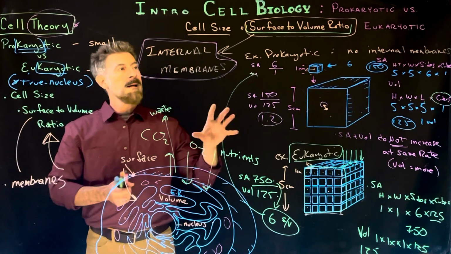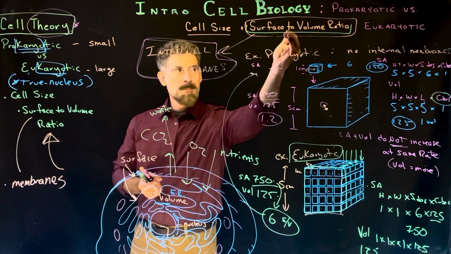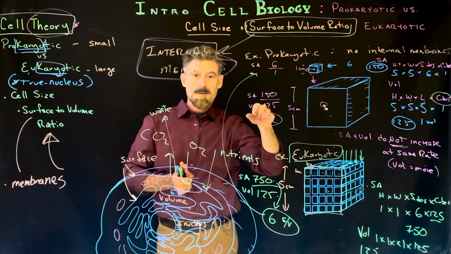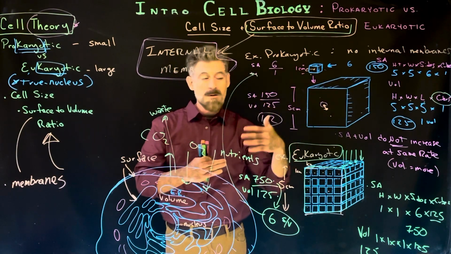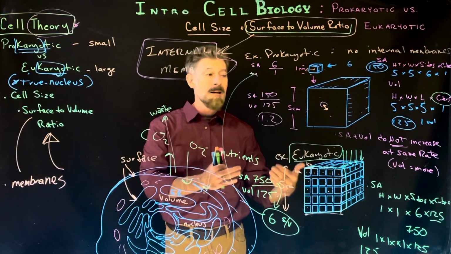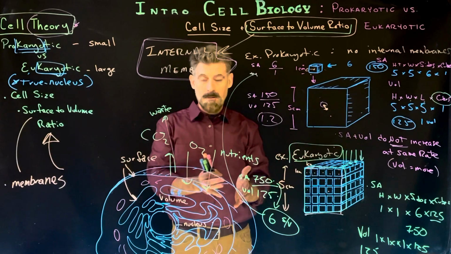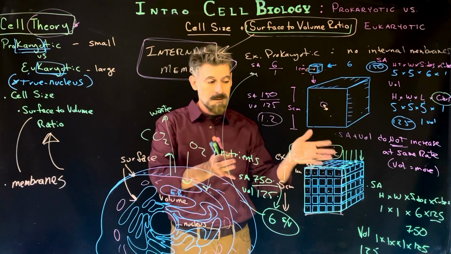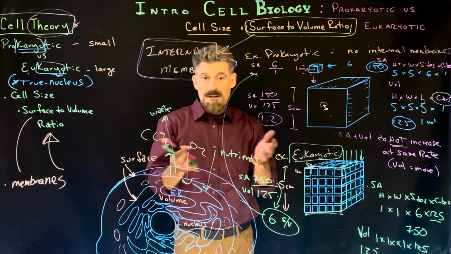So hopefully this gets you past this topic, the difference between pro- and eukaryotic cells, the size difference, and the explanation of how eukaryotes can be so much bigger and so variable in size. They could be little, they only need to be small. Big isn't necessarily better in this particular case, it's just that efficiency is better.